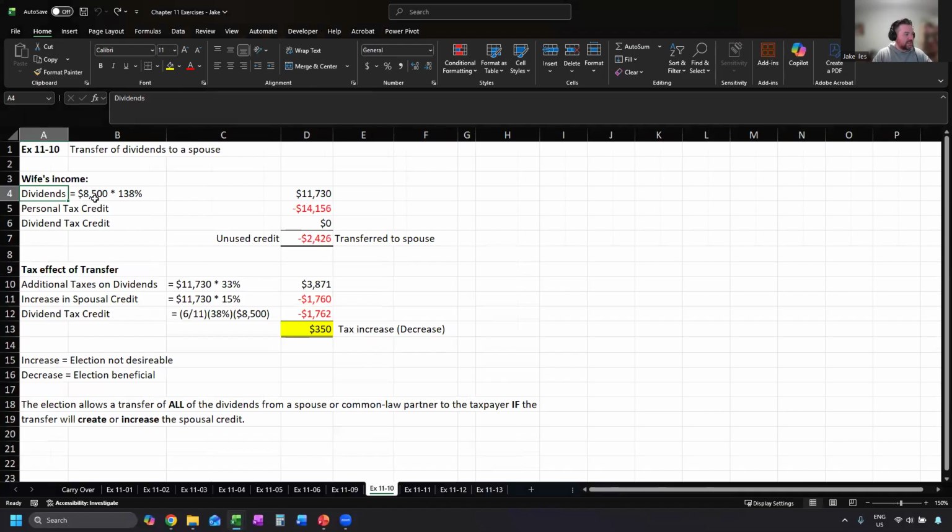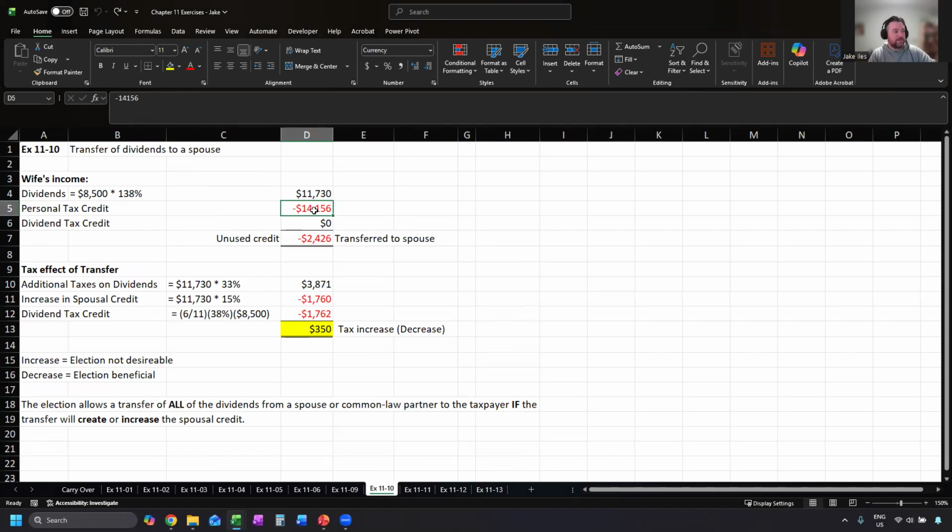So the wife's income is $8,500. The dividend will need to be grossed up. So the income that's actually being affected is $11,730. We received $8,500 of cash, but its after gross up amount is $11,730. The basic personal tax credit is removing 14,156.